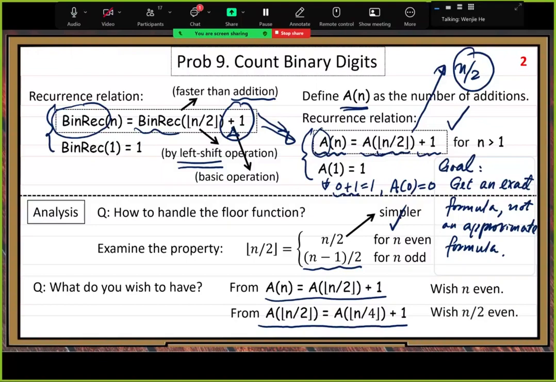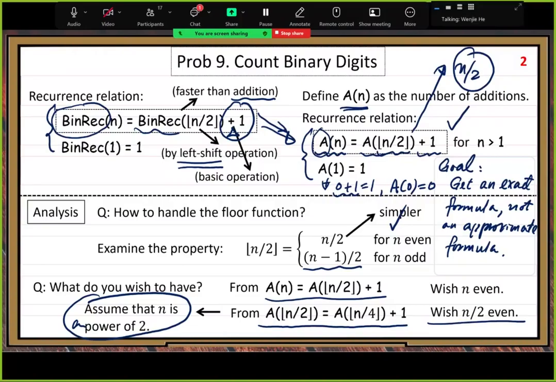Yeah, so here you can see we wish all these n over 2, n over 4, n over 8, n over powers of 2, to be integers. So the best case we can imagine is that we assume n is of power of 2 form. N is a power of 2 number.